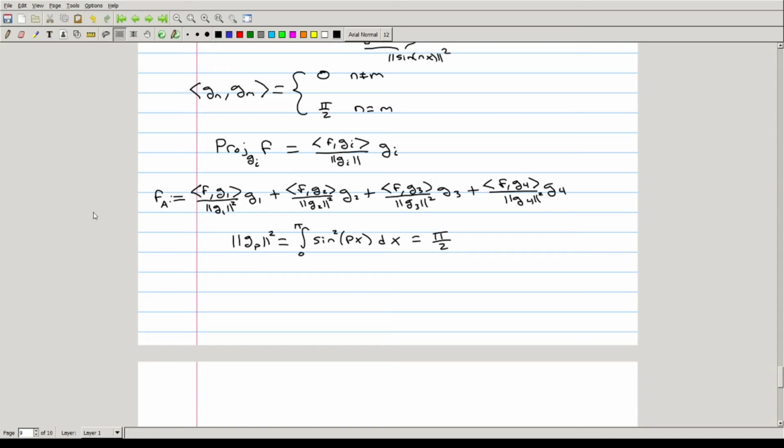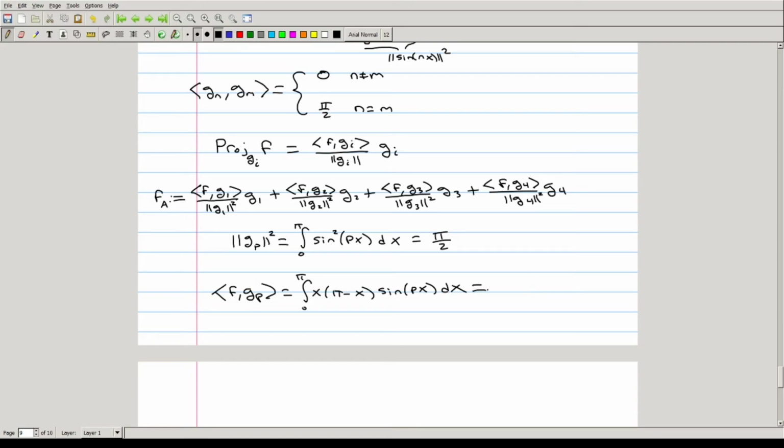For each one of these integrals, you have to go through and calculate. For f, the inner product of f and gp is going to be the integral from 0 to pi of f of x, which is x times pi minus x, times sine of px dx.